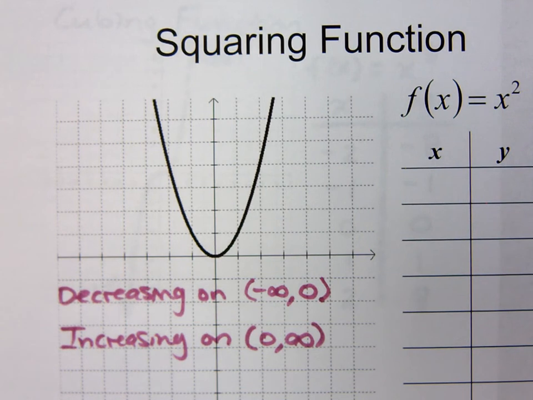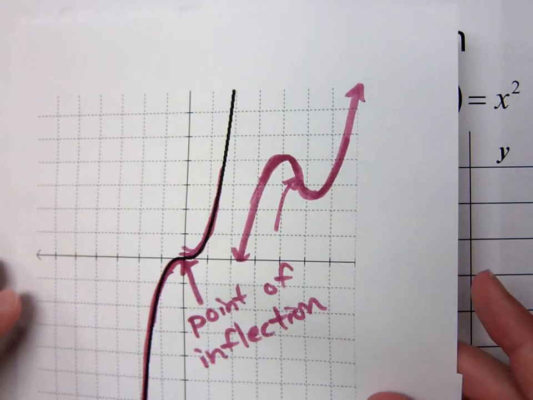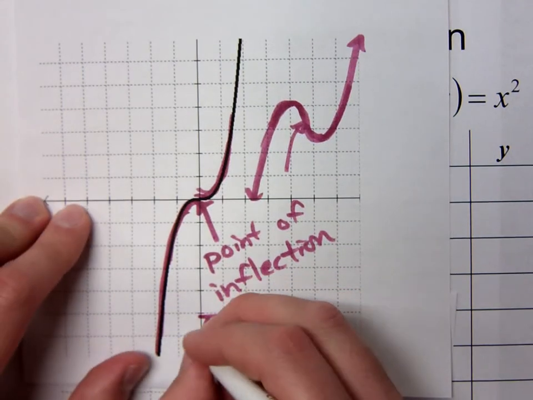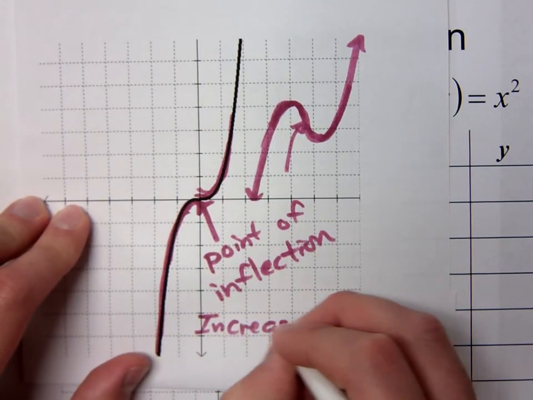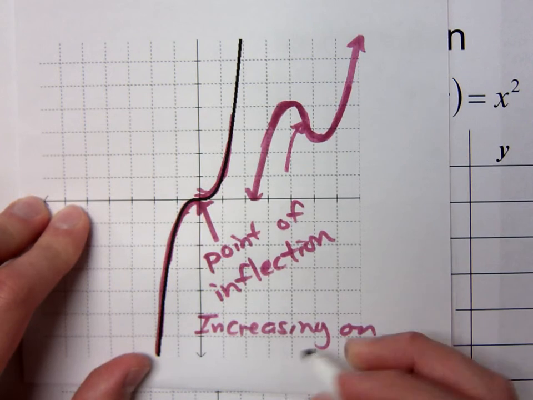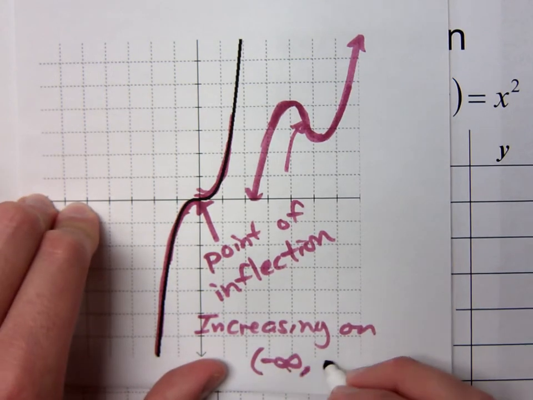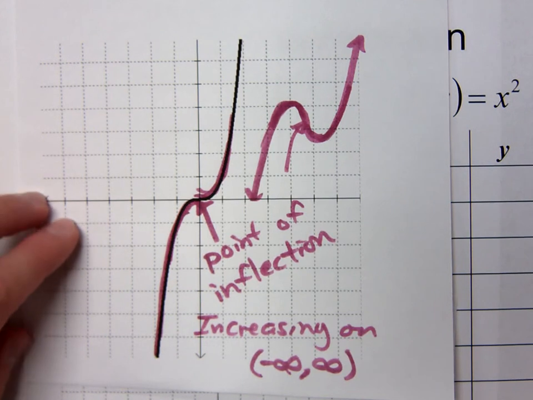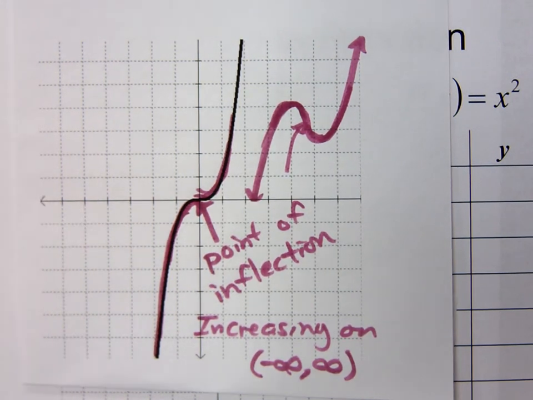What do we say about this guy right here? Always increasing. So this guy's increasing on the interval from negative infinity to infinity. This guy's increasing for all real numbers. What about a constant function?